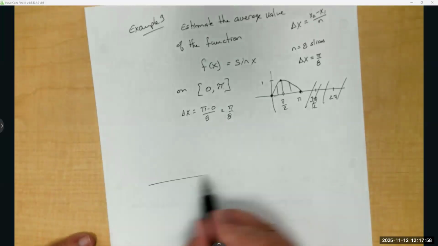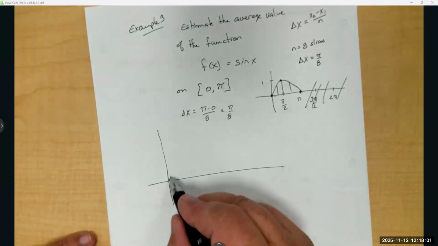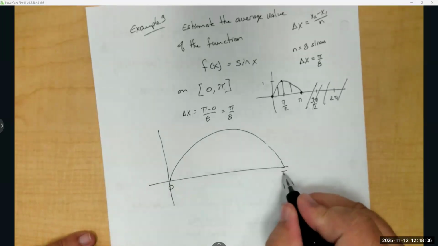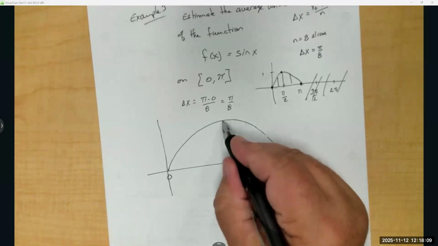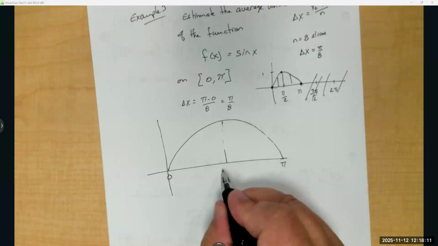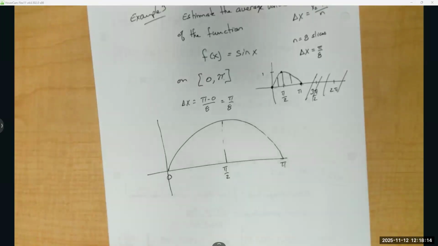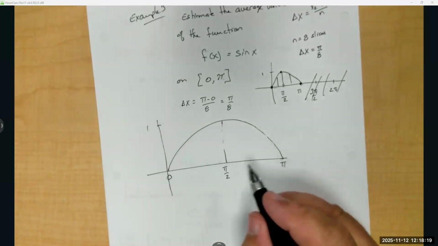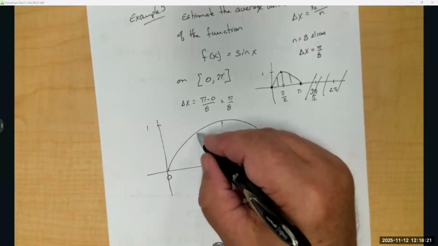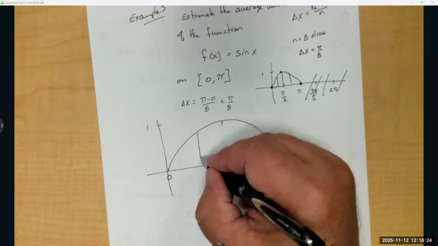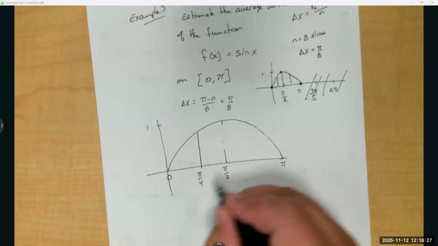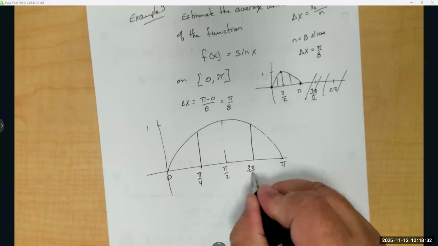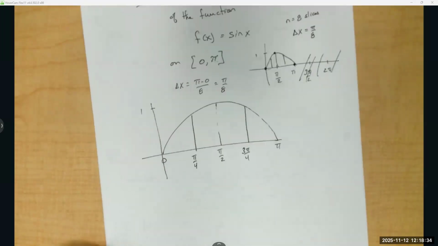Now, what do we have to do from there then? What else do we have to do? We know the highest point is 1. So that's pi over 4. 3 pi over 4. That's only 4 pieces.